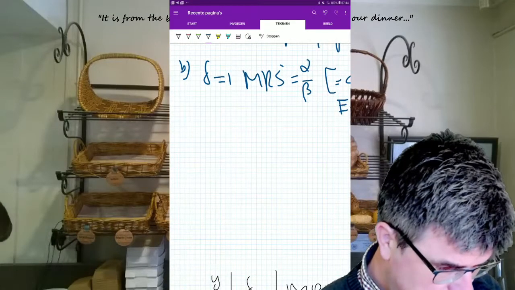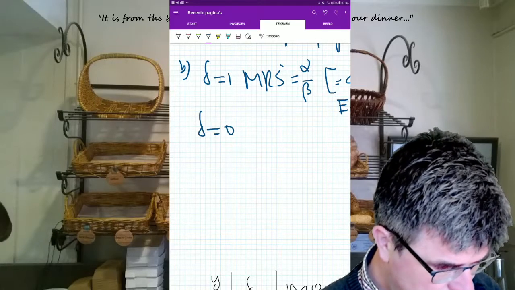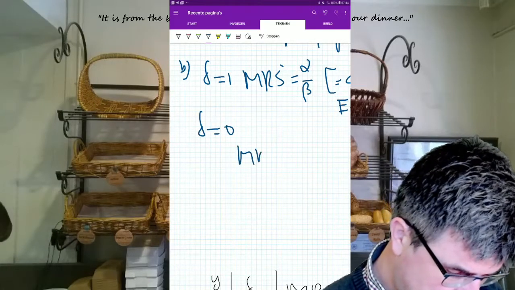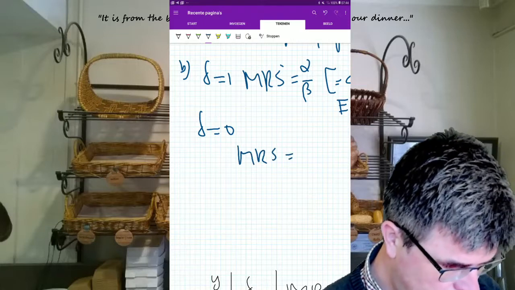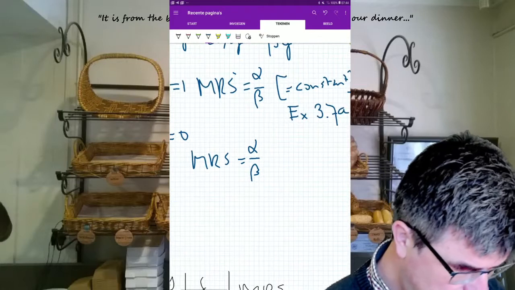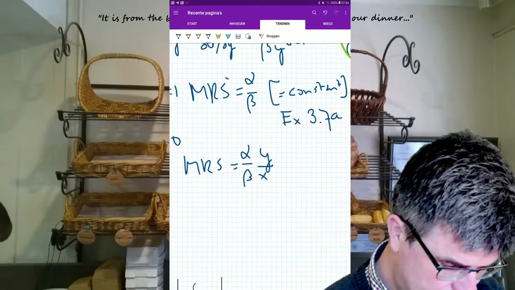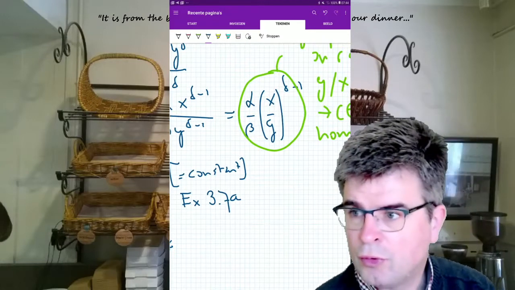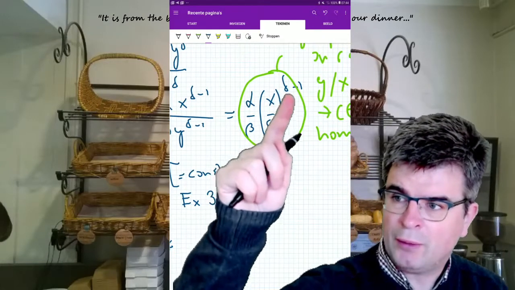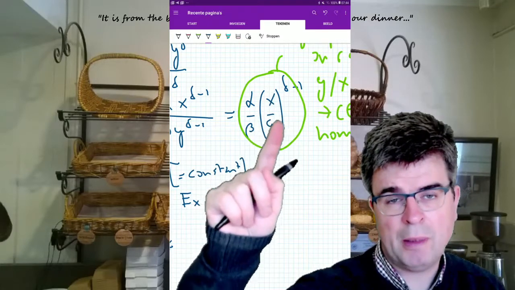Then the other case where delta is equal to 0, if we plug in that value, then our marginal rate of substitution is equal to alpha over beta times y over x. Again, we plug it in over in this expression over here, delta equal to 0. We get this term within parentheses to the power minus 1.